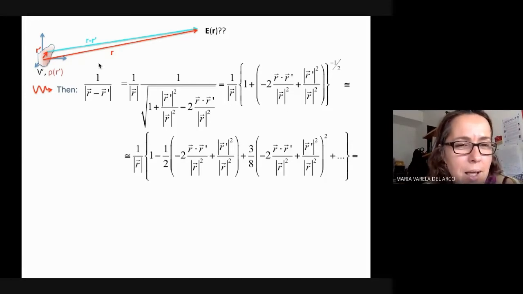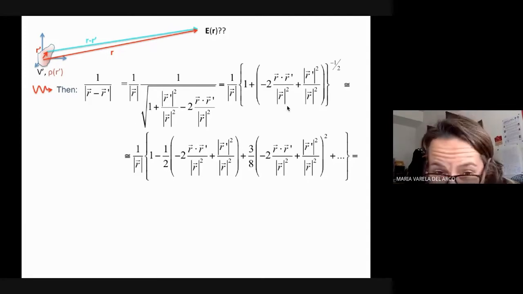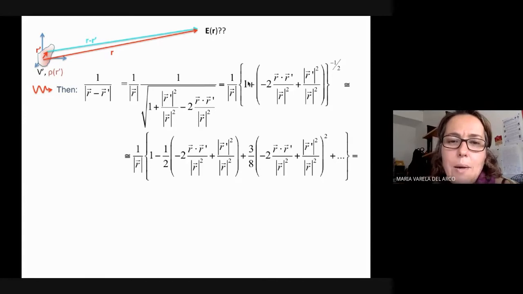The modulus of 1 over the modulus of r minus r prime is identically equal to 1 over the modulus of r times 1 over the square root of all of these things. This is what I had in the previous page. In other words, 1 plus all of this bracket, minus 2 times r dot r prime over the modulus of r squared, plus r prime over the modulus of r, squared, all of this to the minus 1/2.